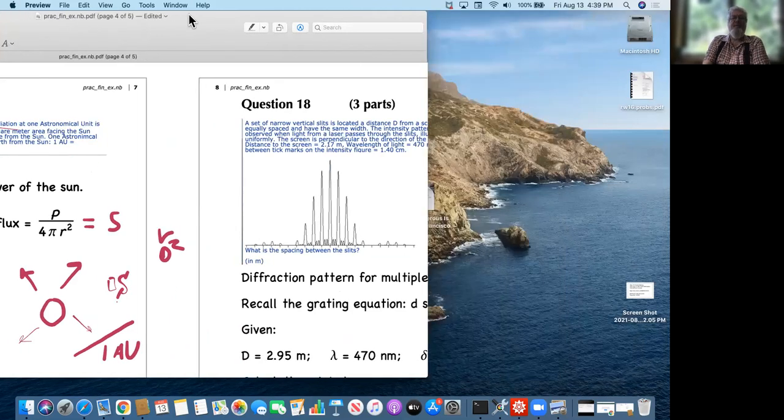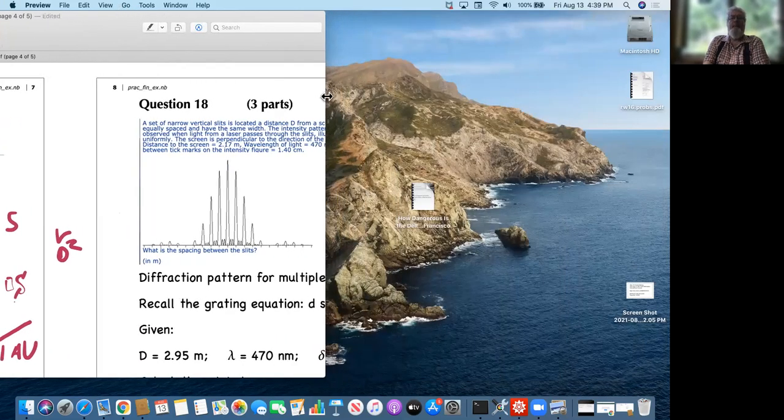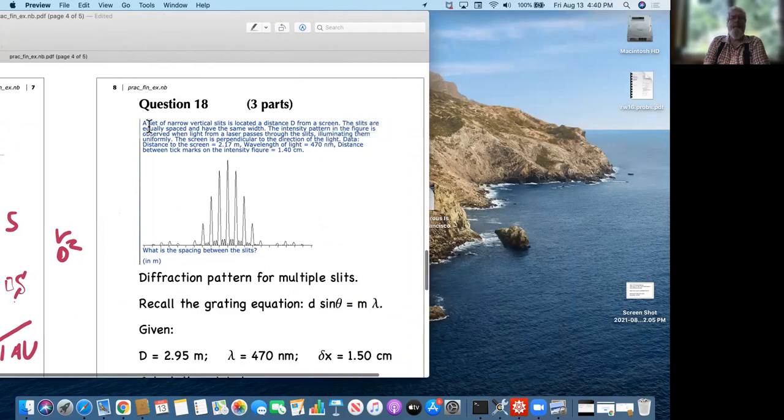The next problem I have here is problem 18. It has 3 parts. It has a diffraction pattern. So this is a problem on wave optics.